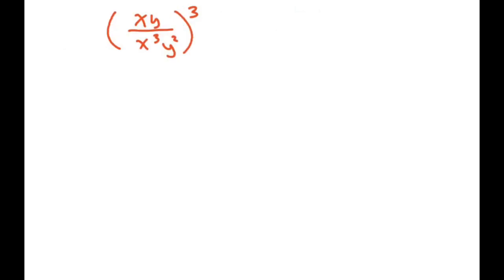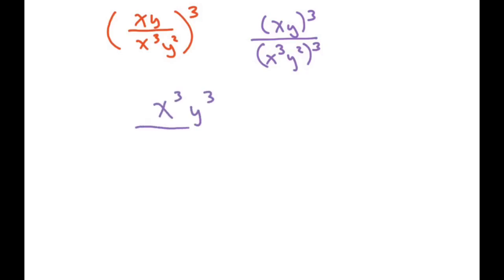Okay, this one I'm going to do like I did in the first one. I'm just going to cube everything. If you want, you could do the numerator and then do the denominator like this, so it's not so confusing. So this is just going to be x cubed, y cubed, over, and you just multiply these because we're using the power property, x to the 9th, y to the 6th. And then simplifying we're going to do the quotient property, or you could just subtract.